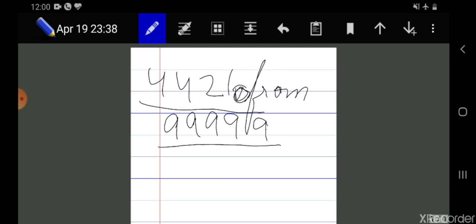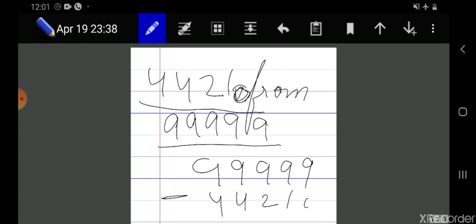As you can see, we will always write the bigger number on the top and the smaller number, 44,210, at the bottom. From these two, which one is the subtrahend and which one is the minuend?